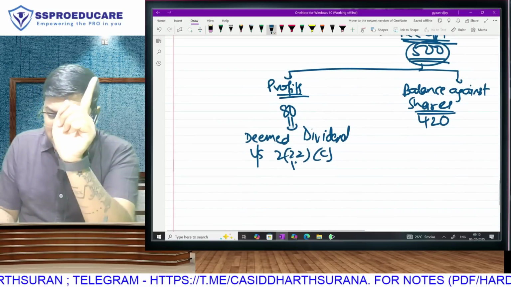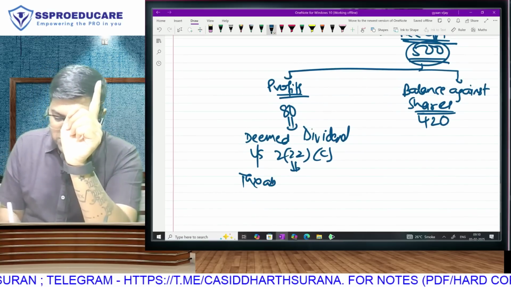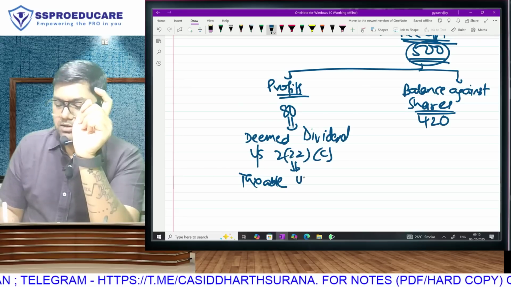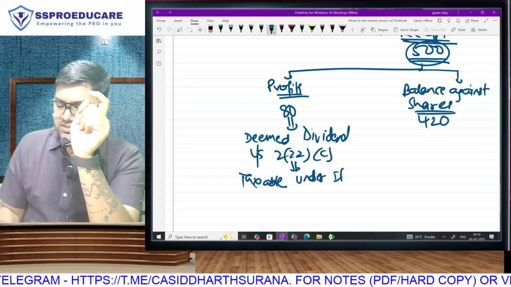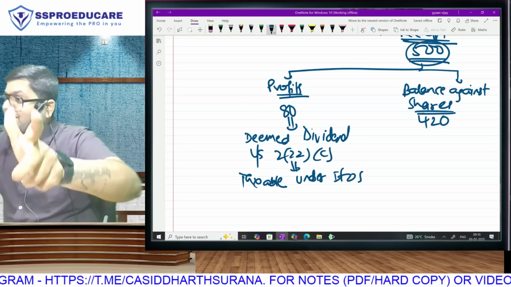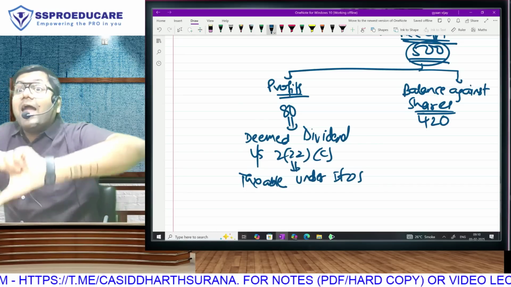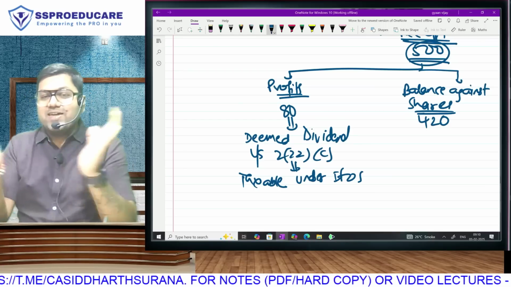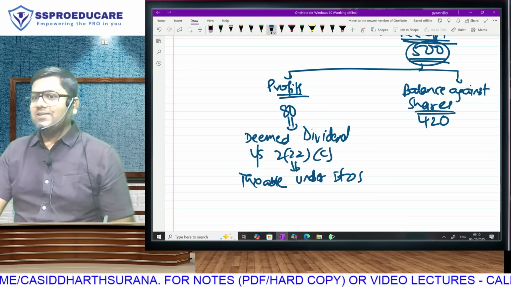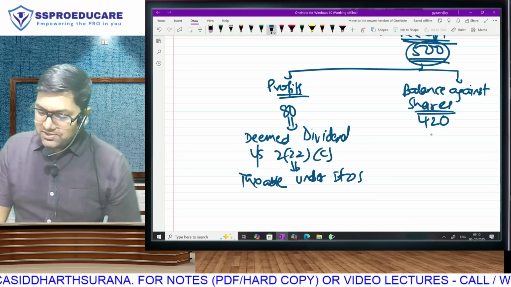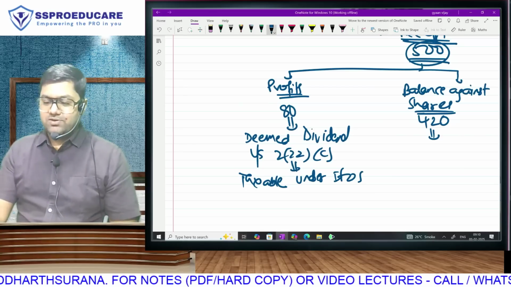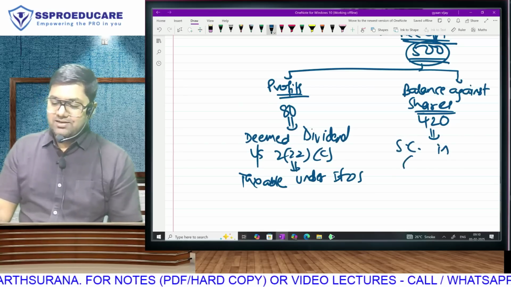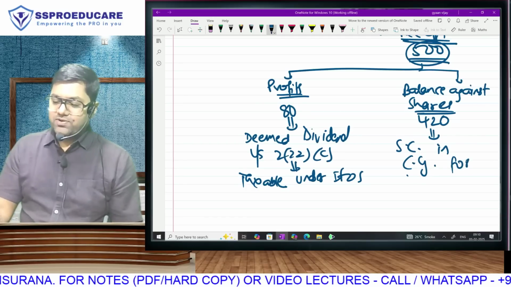Yes, yes, yes. Shareholder has to pay tax on this under IFOS. It is like we have distributed you 80 lakh dividend, and we have also given you 420 for your shares, making it the total of 5 crore, the value of the land. Which means this is your sale consideration in capital gain for your shares.